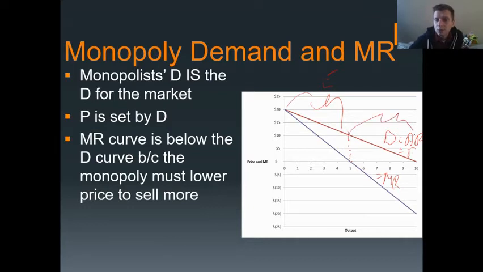This portion, where your marginal revenue is negative, that's the inelastic portion, because as you lower the price more, your total revenue will fall because your marginal revenue is now negative. And right where it crosses the x-axis, right there at the quantity of 5, that's unit elastic, because that's when the change in price yielded no change to the total revenue.